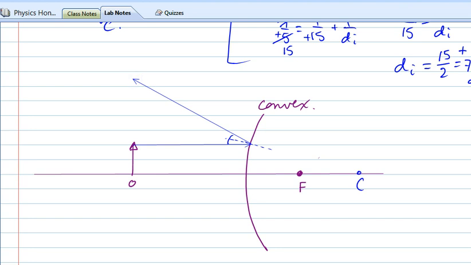That's what the actual ray of light will do. But what this does is it seems like it came from the focus. So that's what happens with principal ray number 1.